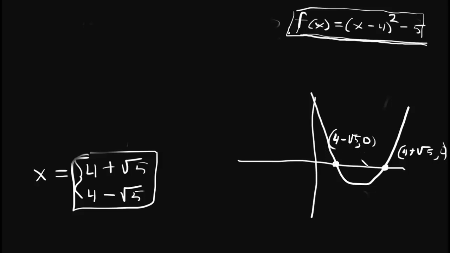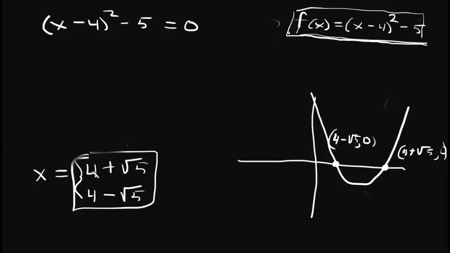And the way I know that is, in our equation, we figured that (x minus 4) squared minus 5 was equal to 0 at these values.